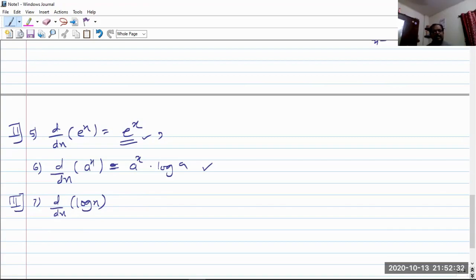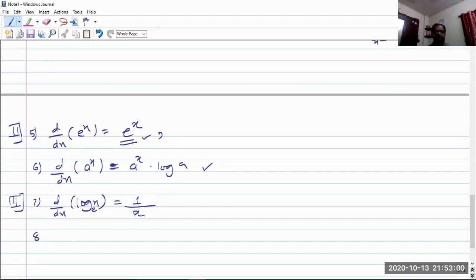In that case, we can convert the other bases to the base e or to any base we desire. In the case where log x is given and the base is not specified, it is always supposed to be the base e only, right? So the derivative of such a function, log x with respect to x, is simply 1 upon x, right?